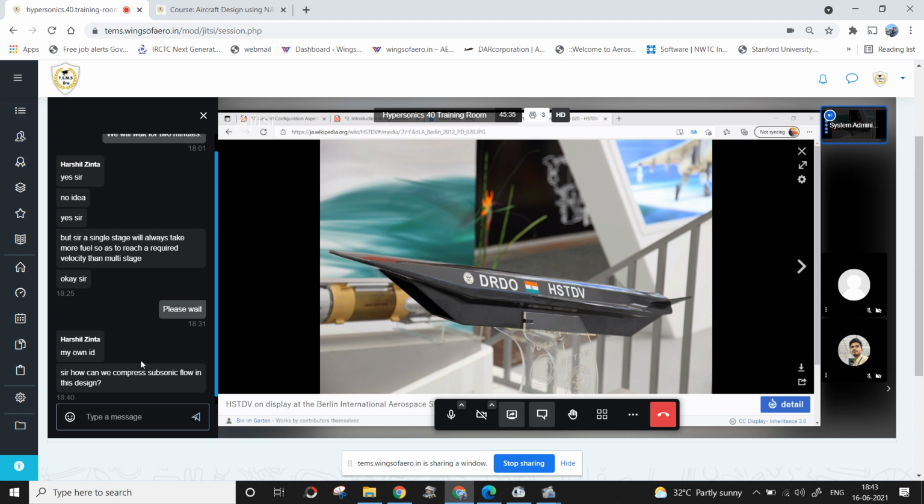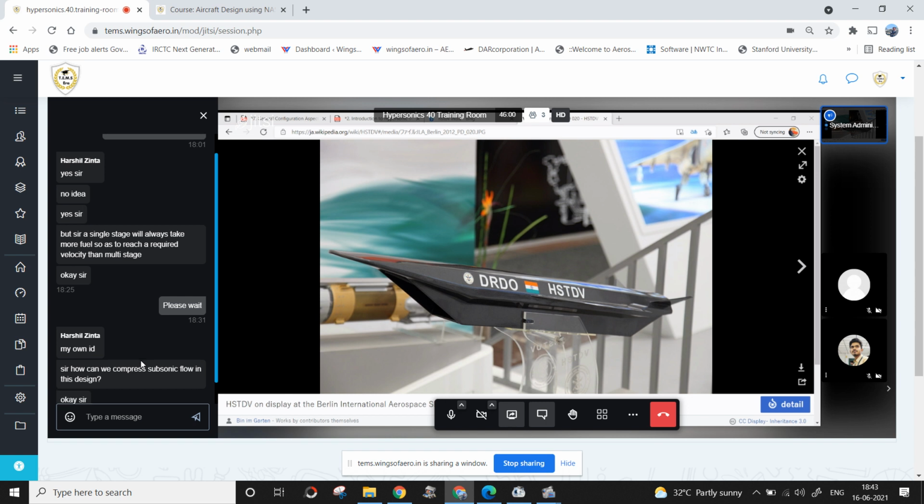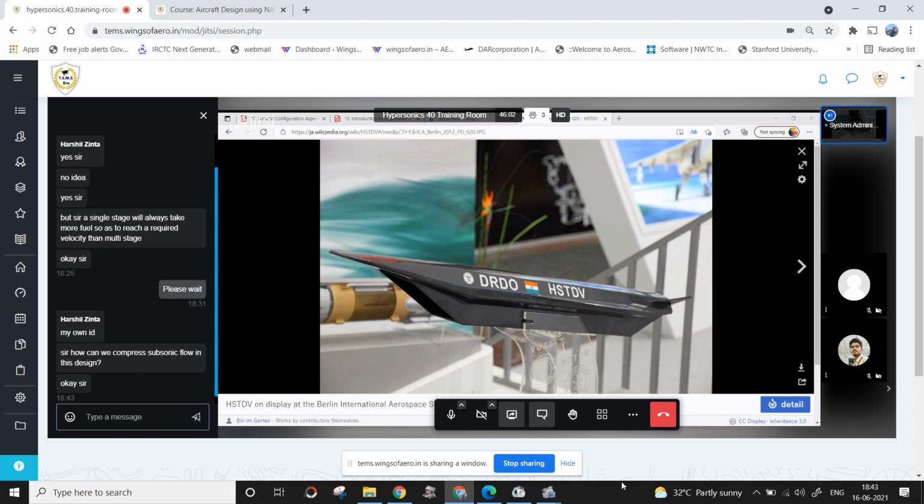I will show a separate video of how they are making a successful turbo ramjet combination. So this compression for subsonic flow can be done in a hypersonic vehicle also by introducing a turbo ramjet combination. Okay, Harshil, I will show the video of how they are performing this combination, so you have to wait a little bit.